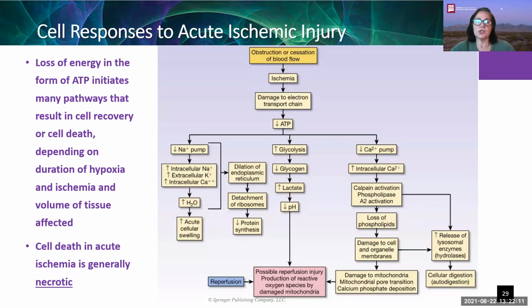Okay, so response to acute ischemic injury. The most common kind of cell injury is hypoxia, going without oxygen. Why that is a problem is because we are absolutely dependent on oxygen to perform oxidative phosphorylation, to do aerobic respiration.